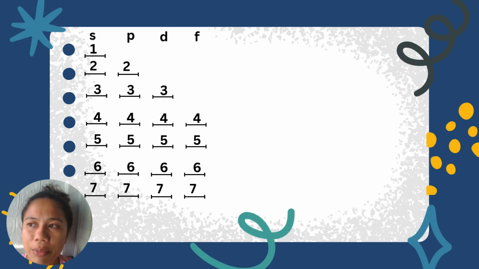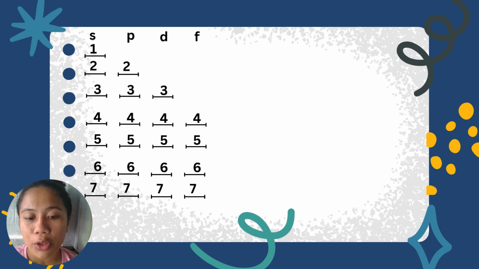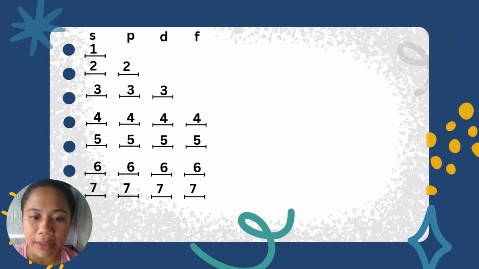Always remember that these columns represent the subshells, which are the S, the P, the D, and the F. So the first column is under the subshell S. The second column is under the subshell P. The third column is under the subshell D. And the last column is under the subshell F. Don't worry, I will have an illustration so that you will understand it further on the next slide.